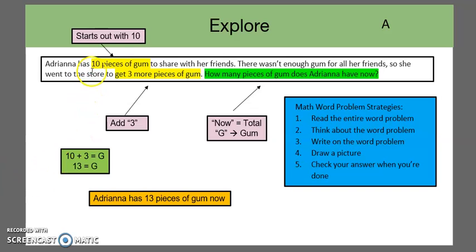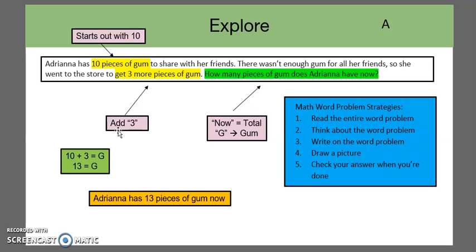When we read the word problem, we can also annotate. We know that Adriana starts out at 10 and she needs to get 3 more. We need to look at how many pieces of gum Adriana has now. Since she started out with 10 and she's adding 3 more, we're going to do the adding operation.